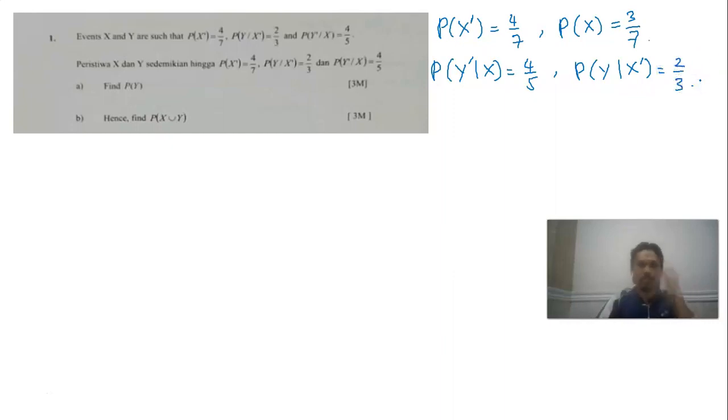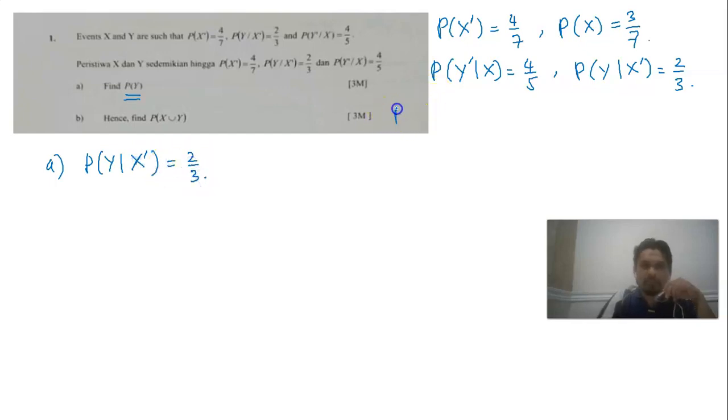The first question is to find the probability of Y. So question 1a: the probability of Y. We're going to use the information given here. Firstly, the probability of Y given X complement equals 2/3.